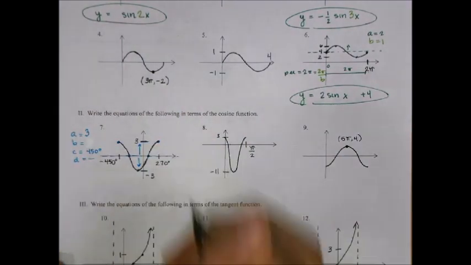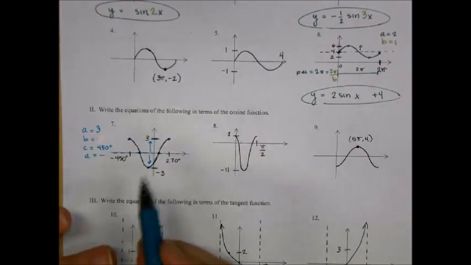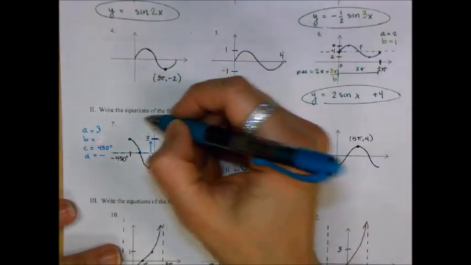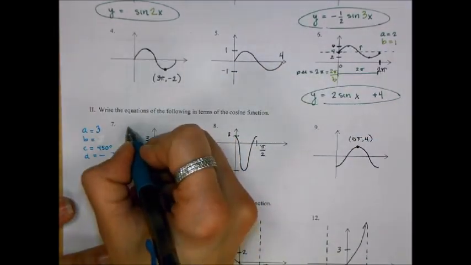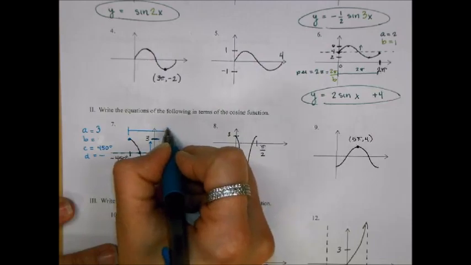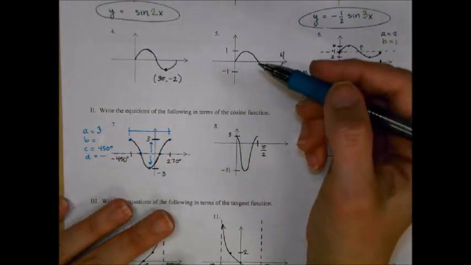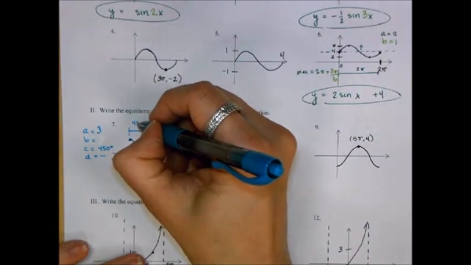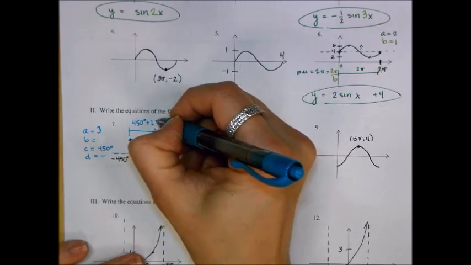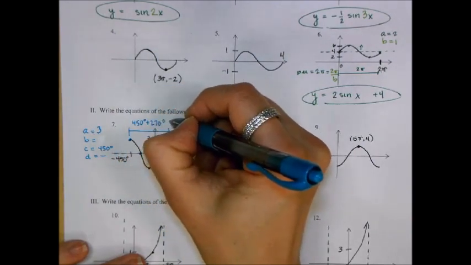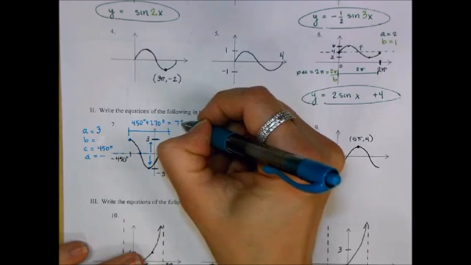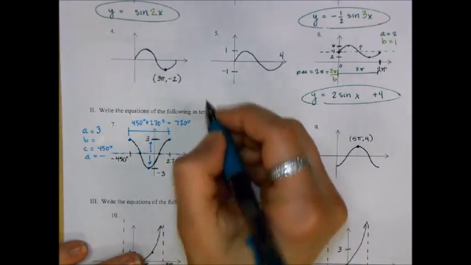All right. For the b value, we're just going to measure the period length here. So from -450 out to 270, so 450 plus 270 is 720. So it's just in degrees instead of radians.